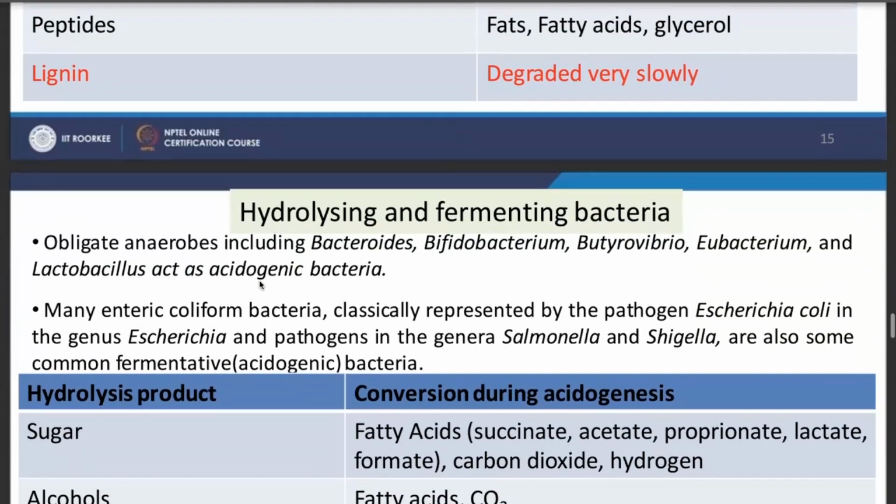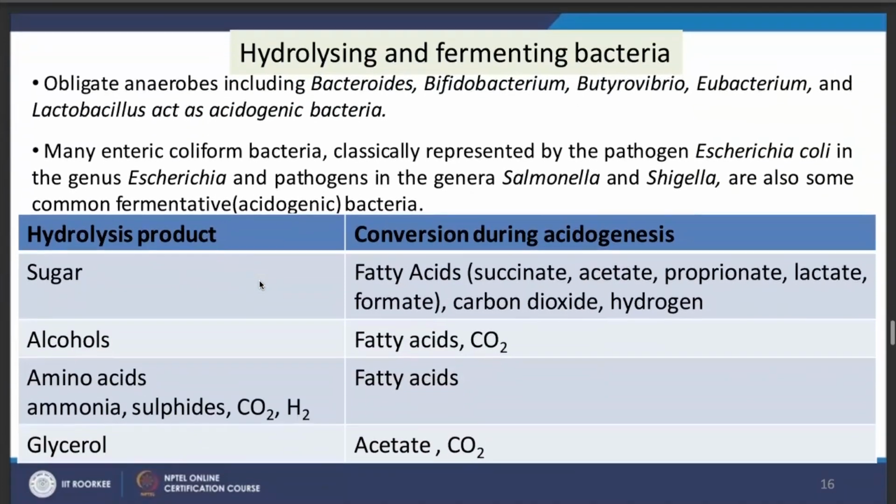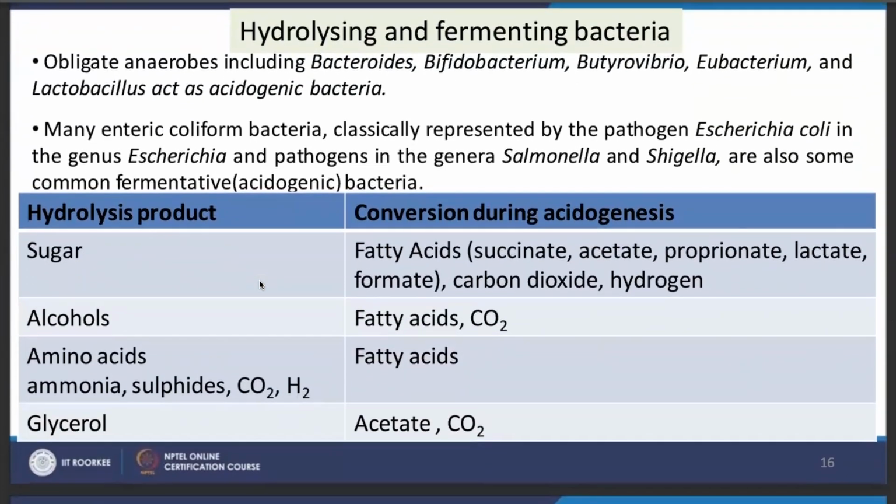So continuing with our discussion of hydrolyzing and fermenting bacteria. Obligate anaerobes, including Bacteroides, Bifidobacterium, Butyrivibrio, Eubacterium, and Lactobacillus, act as acidogenic bacteria, right?